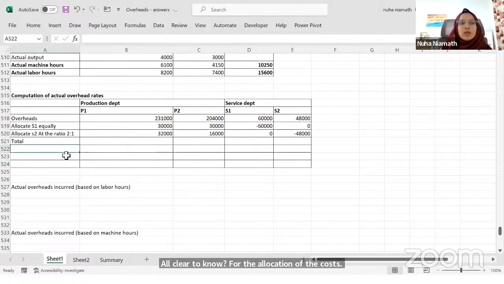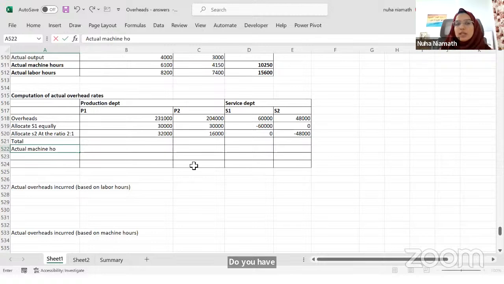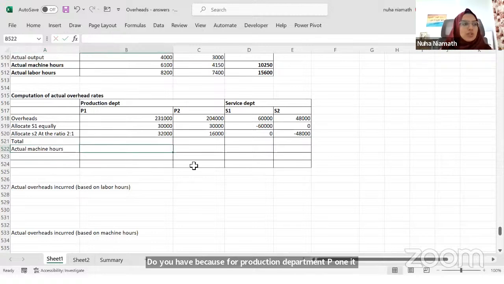Okay. Now we will put in the actual machine hours which we have calculated. Because production department P1 will be utilizing the machine hours, that will be 10,250 hours.